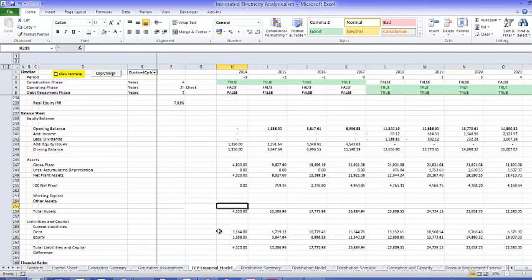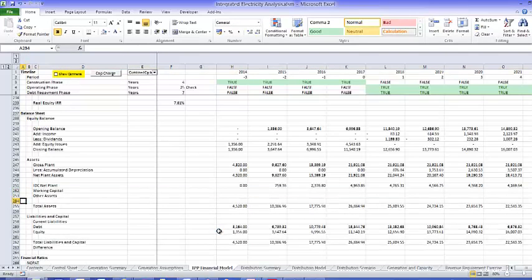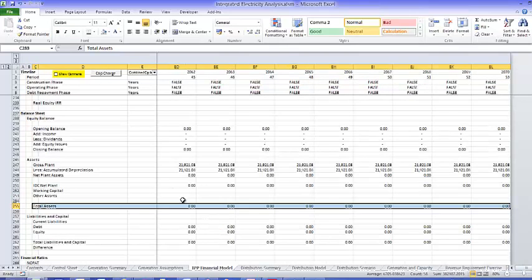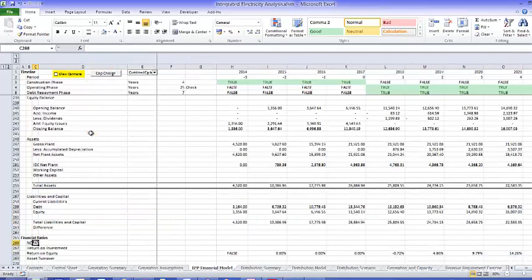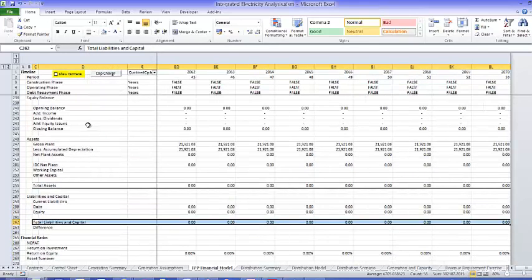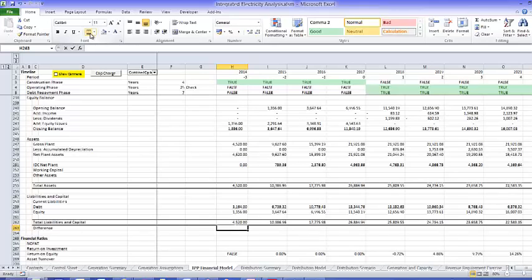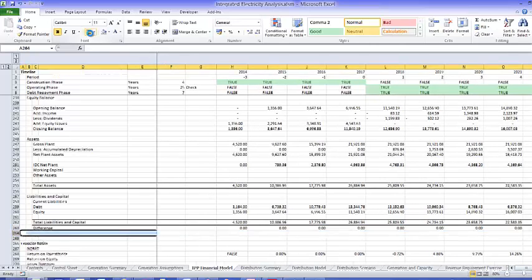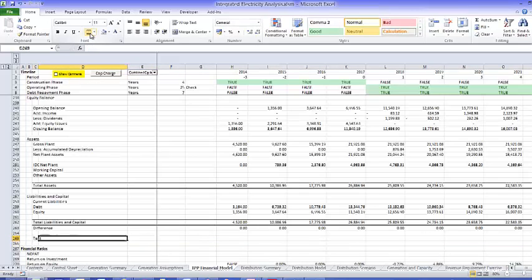Let's put a sum on this. We didn't have any other assets or working capital, but I'm going to leave the space for that. Put total assets, total liabilities and capital, and the difference is 0, and we can put a little test on whether this equals 0.